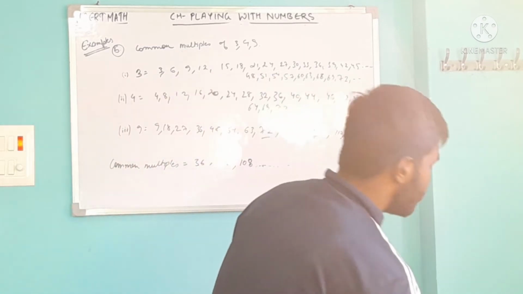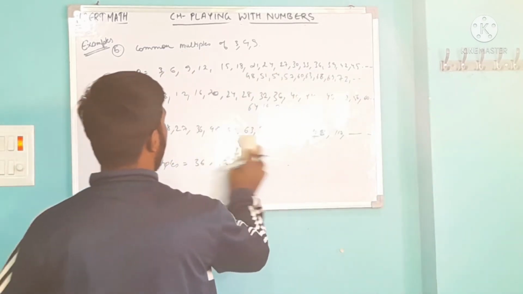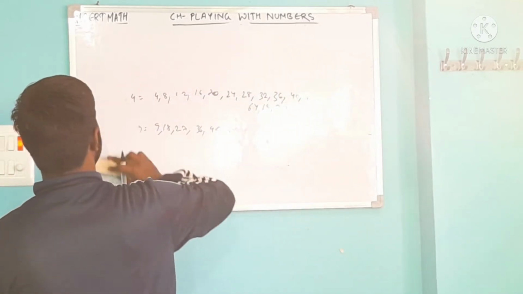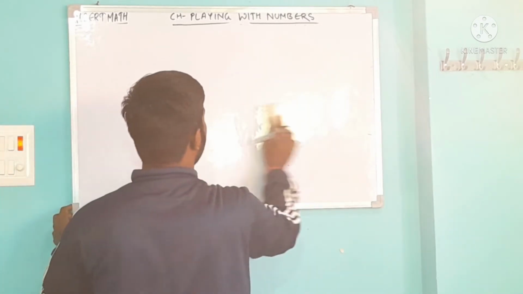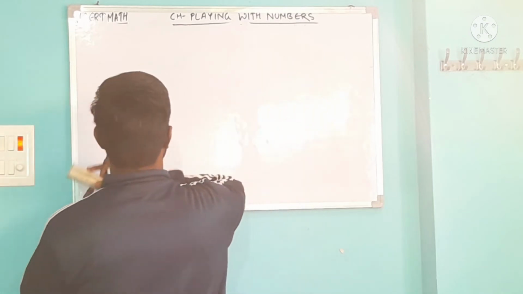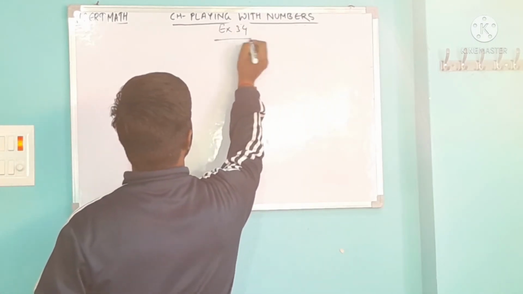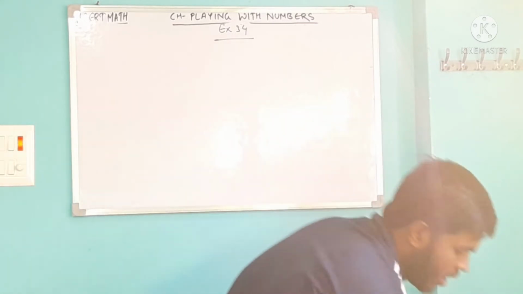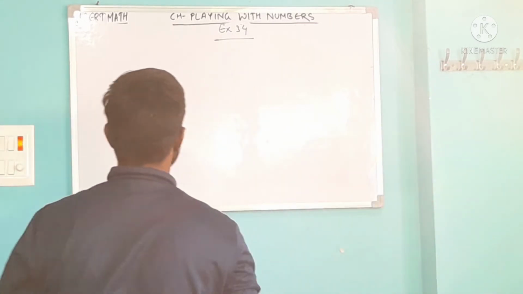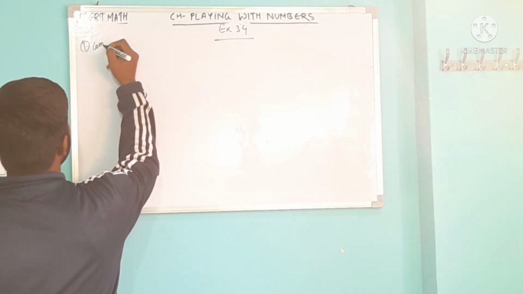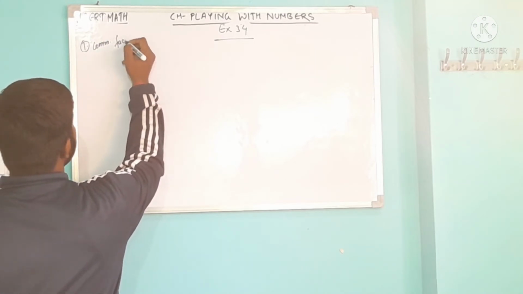On the basis of these 2 topics, common multiples and common factors, we have our next exercise, which is exercise 3.4. The first question is for common factors.